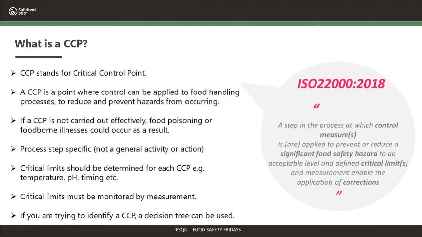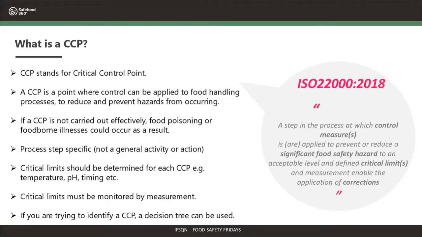It's important to understand that. And one difference here is the word critical limits. A CCP should have defined critical limits so that we can enable corrections. So a CCP is essentially a point. So CCP, we've got critical control point.